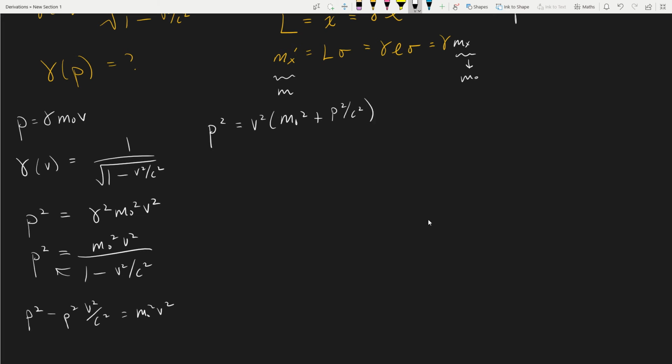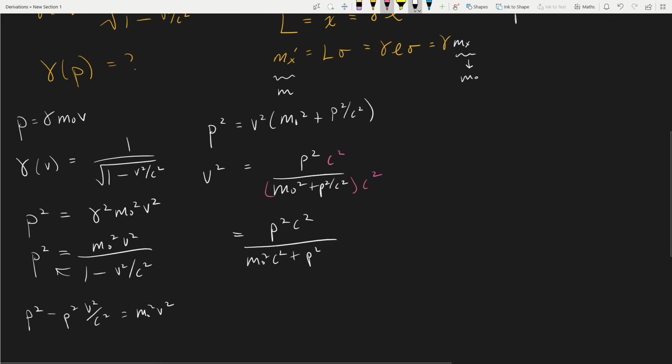And then, of course, v squared is going to be equal to p squared over m naught squared plus p squared over c squared. Now we're going to multiply by c squared, and this is motivated by the next step that I want to do. So this gives us p squared c squared all over m naught squared c squared plus p squared.